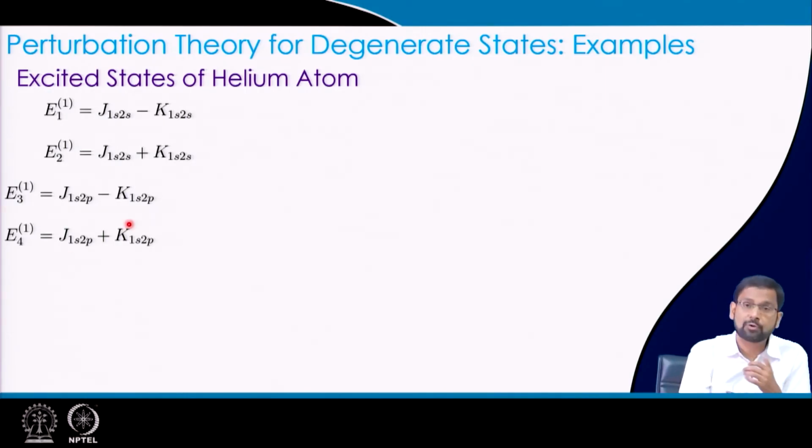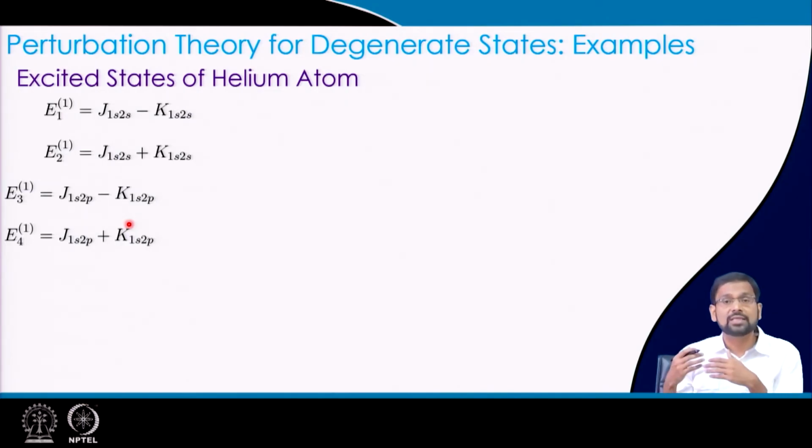And this is how E3 and E4 are different. So, they are positive and negative combination of the Coulomb and exchange operator between 1s and 2px. Similarly, I would see E5, E6 will be combination of 1s with 2py, E7 and E8 will be combination of 1s and 2pz, the Coulomb integral, exchange integral, the plus combination, the minus combination.